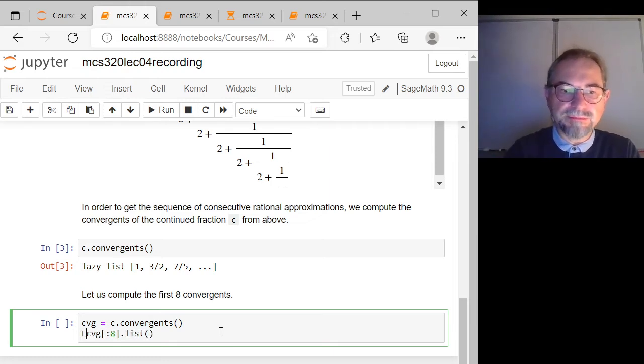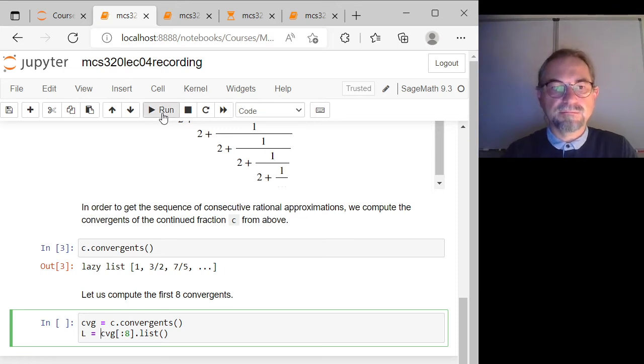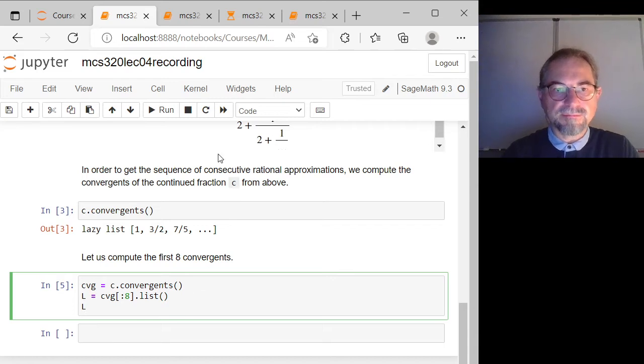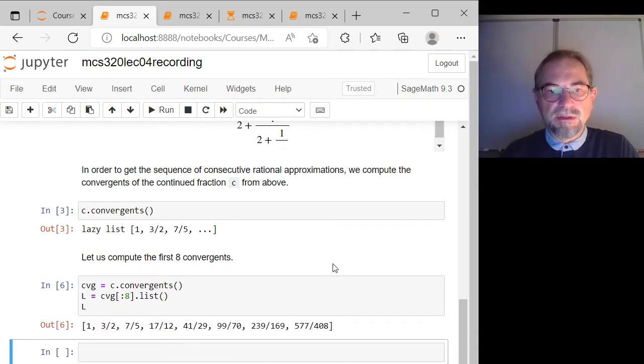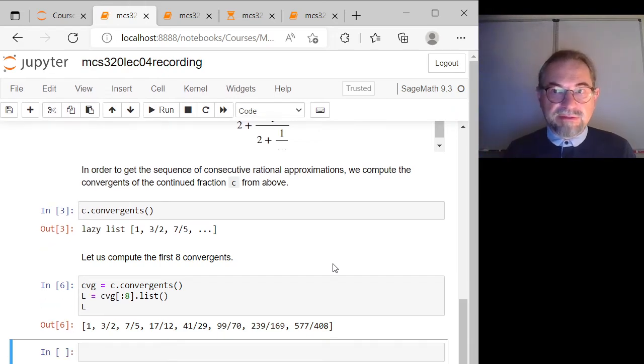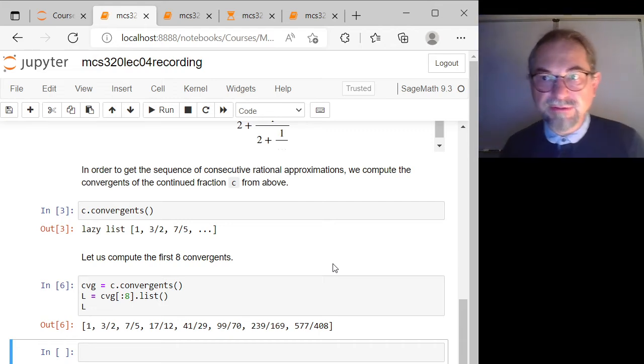And I'm going to still do something with that list. Okay. Here we go. So you see, I do have a list now of 8 numbers, and the 8 numbers get larger and larger. Well, the numerator and the denominator gets larger. So the numbers themselves, the values, actually converge to the square root of 2. Okay, so this is actually now an increasing sequence.